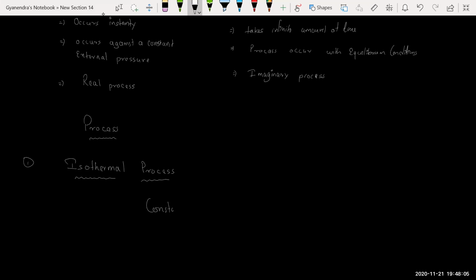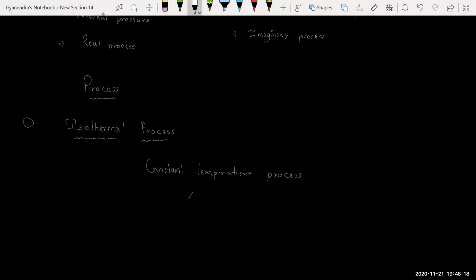Constant temperature process. All this you would have studied in 11th standard, right? Or did you completely skip this chapter? No, sir. Delta T would be equal to 0 here.